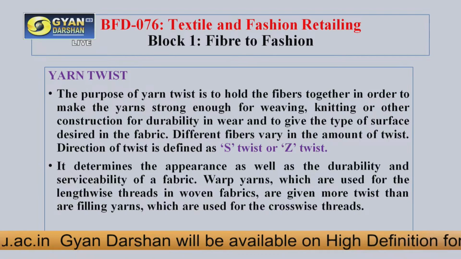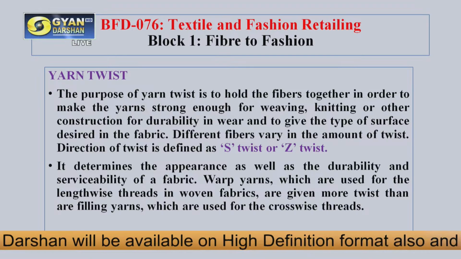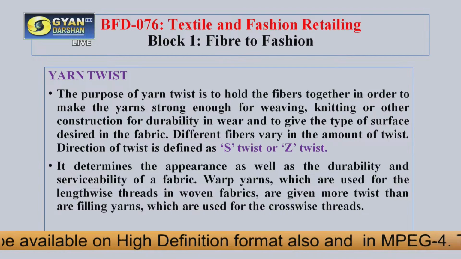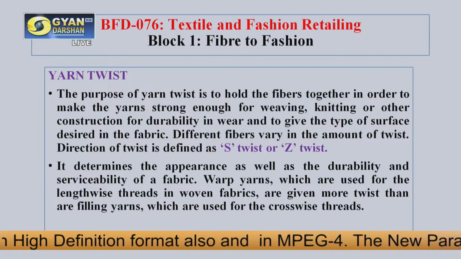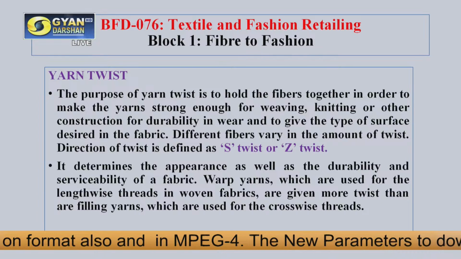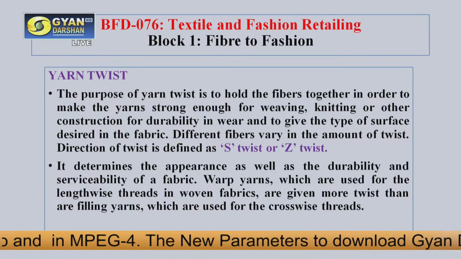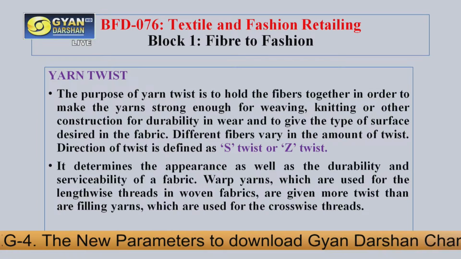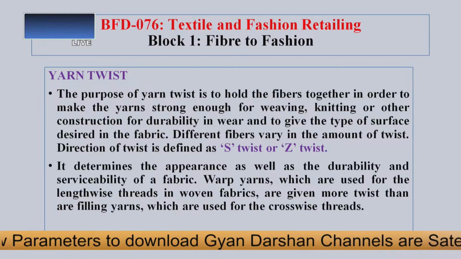Suppose a warp yarn, which is used for the lengthwise thread in a woven fabric, is given more twist than the filling yarns, which are used for the crosswise thread. So when we go for fabric construction, the warp yarn, the lengthwise yarn, is given more twist than the weft yarn or crosswise yarn.